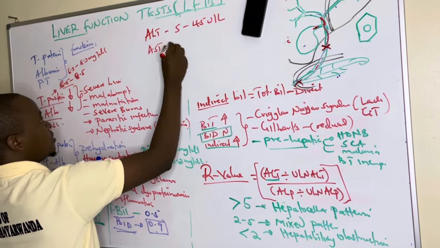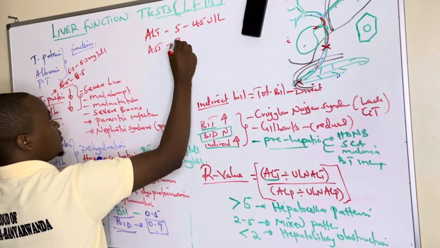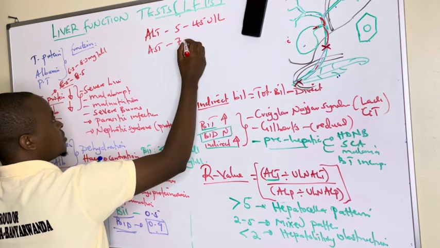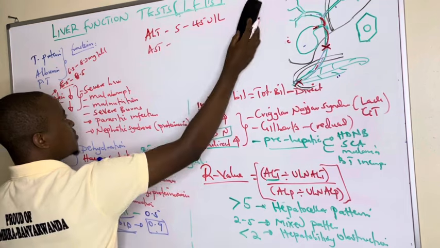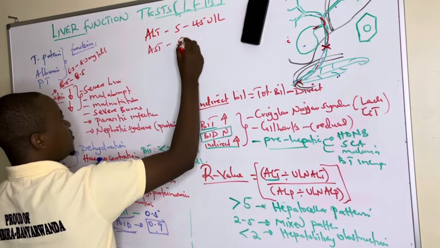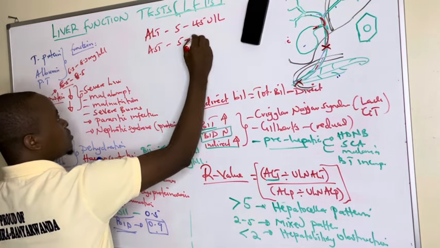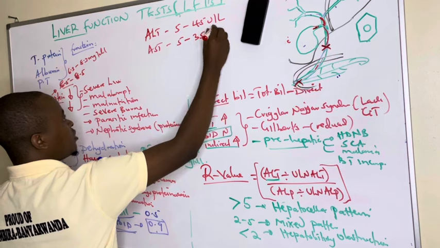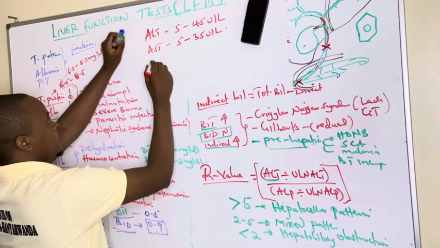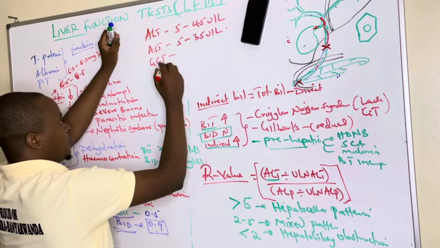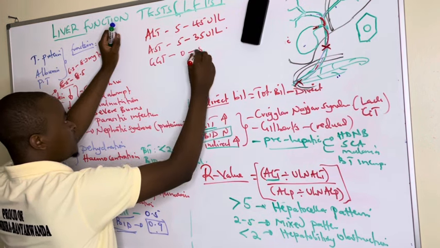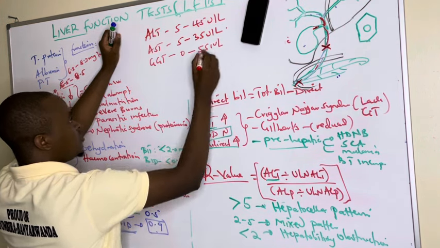Then AST is between 7, it can also be 5 or even 0, to 35 international units per liter. Then GGT, or gamma glutamyl transferase, you can always see it from 0 to 55 international units per liter.